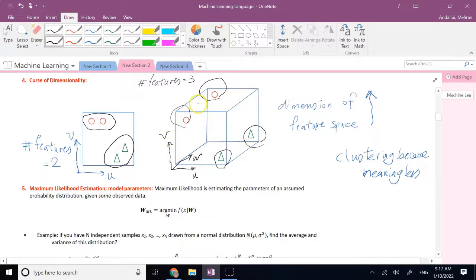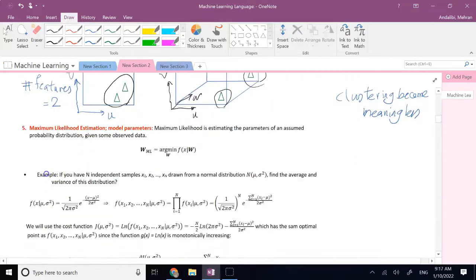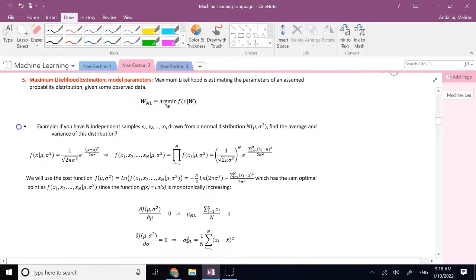Or if you add another one, then for that factor, these two circles will be separated. Okay, so that's called curse of dimensionality. The higher the dimension of the feature space, the harder it is to do clustering, and the more it can become meaningless. Okay, so just wanted to clarify this curse of dimensionality.